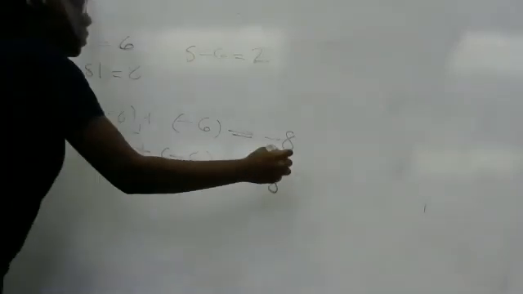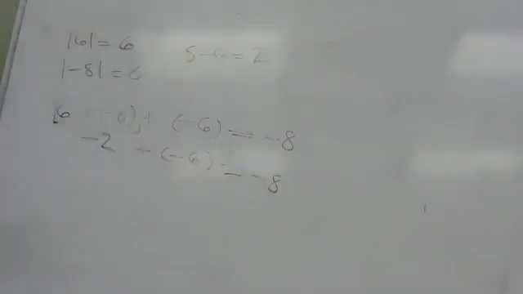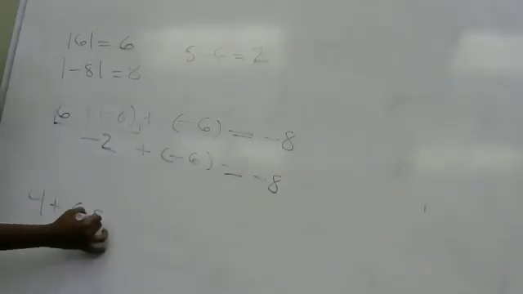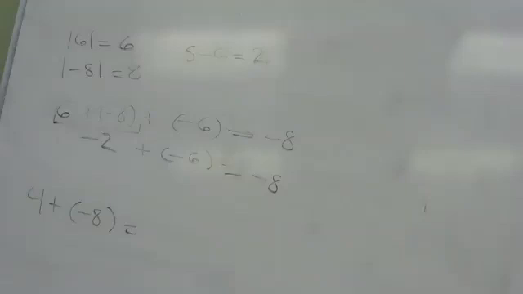Now, this problem was actually comparing. On the other side, we have 4 plus -8. How would you find the answer? Find the absolute values and subtract. Absolute value of 4 is 4, absolute value of -8 is 8.